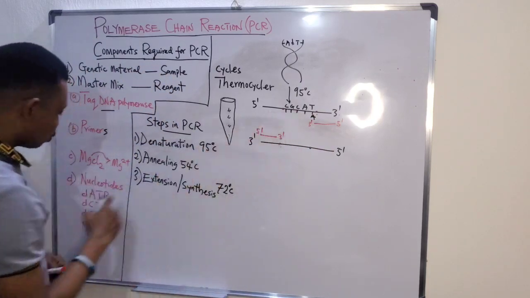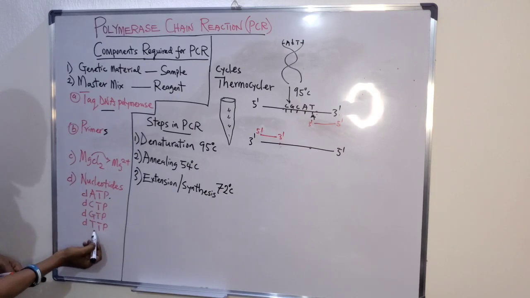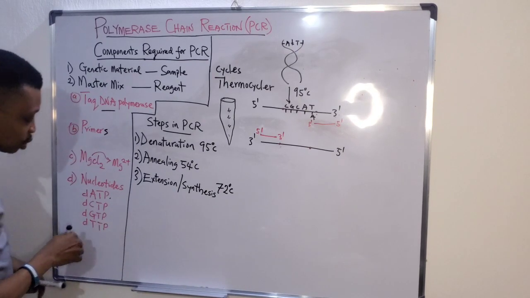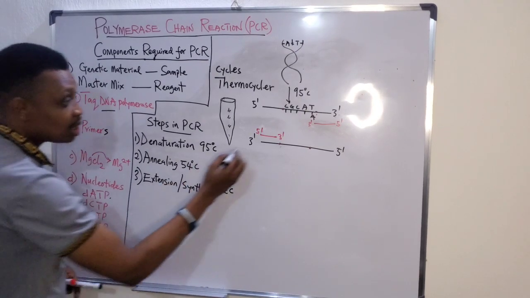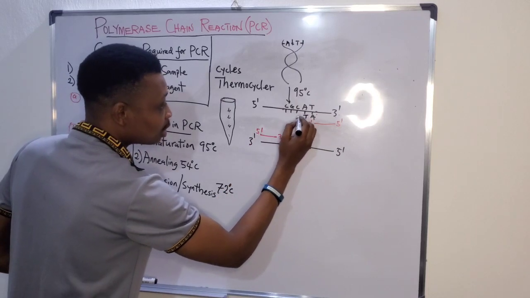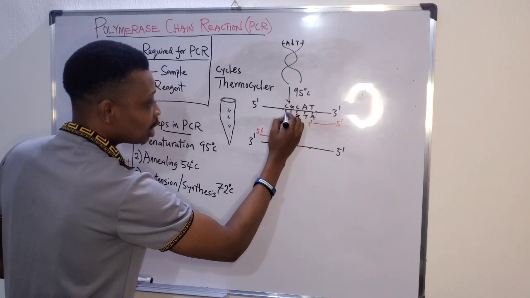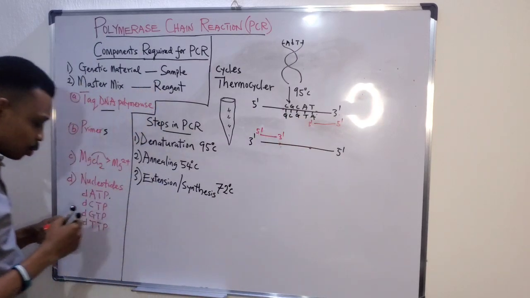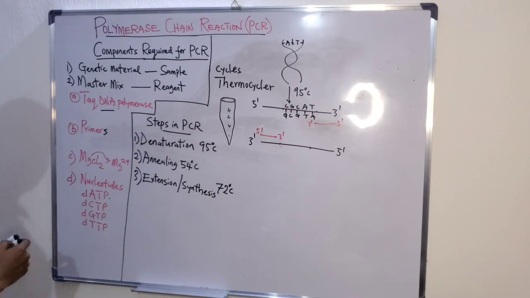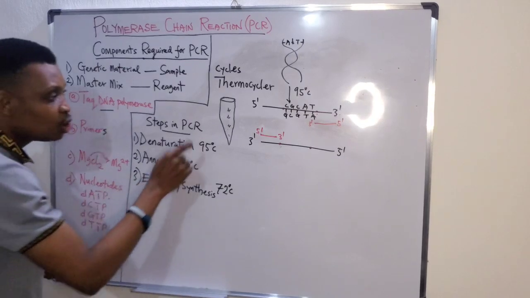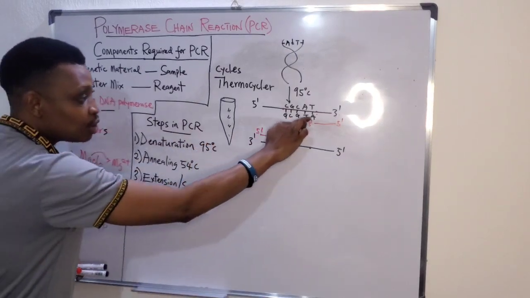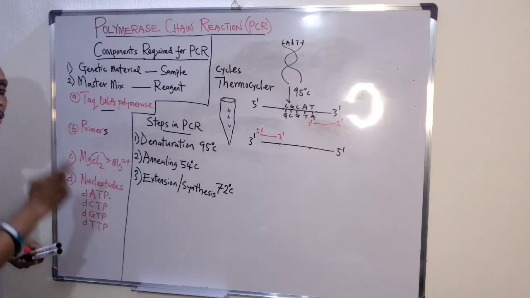Then for this adenine too, it will pick this, okay, because it's supposed to bind with thymine. It will pick this, and then this will be what? T. Similar thing, this will be what? G, C, and G.